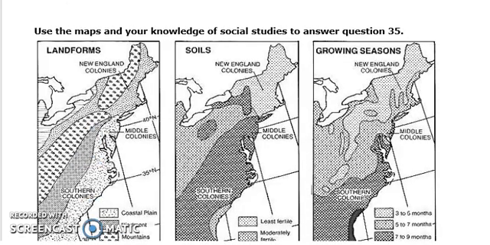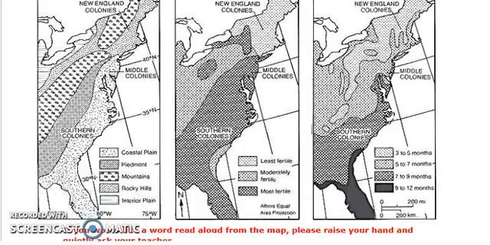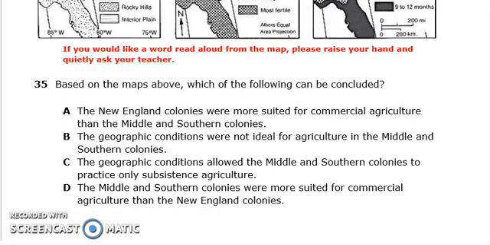Use the maps to answer question 35. Based on the maps above, which of the following can be concluded? A. The New England colonies were more suited for commercial agriculture than the middle and southern colonies. B. The geographic conditions were not ideal for agriculture in the middle and southern colonies.